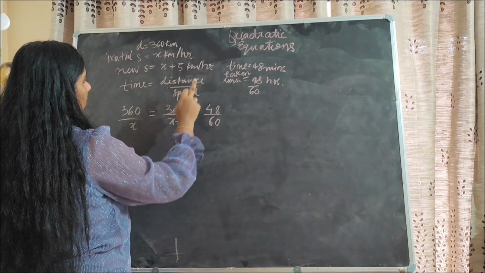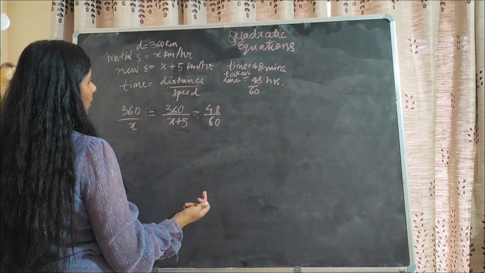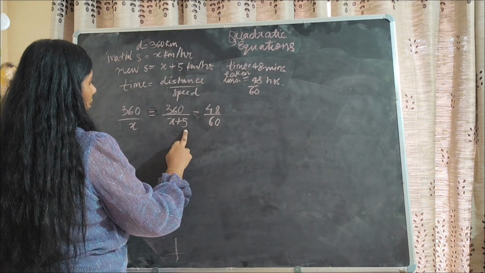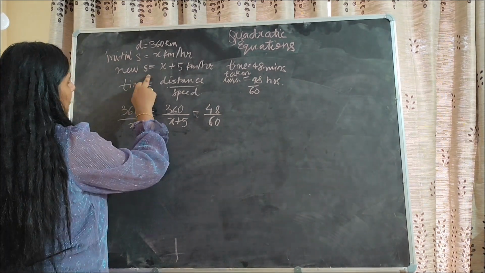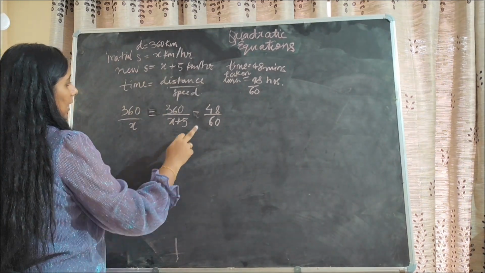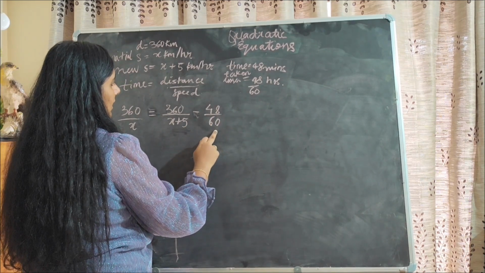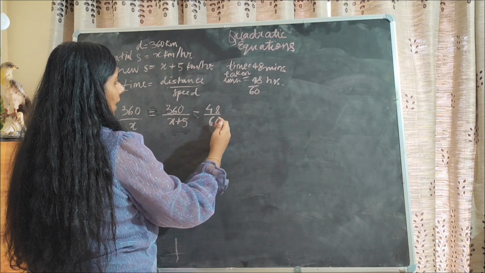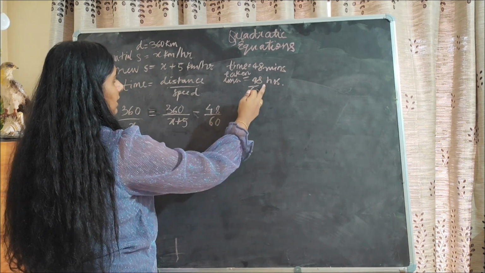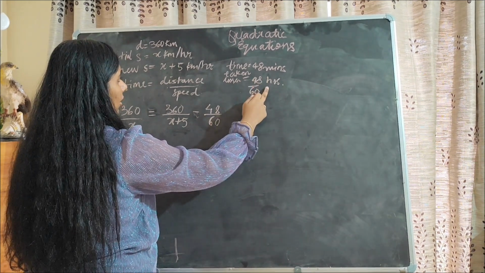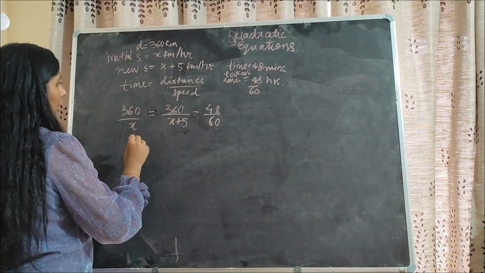Since it is in kilometer per hour, answer will be in hour. This is your new speed x plus 5, and time taken is minus 48 by 60 because 60 is getting divided because it is conversion from minutes to hours. Now we will solve.